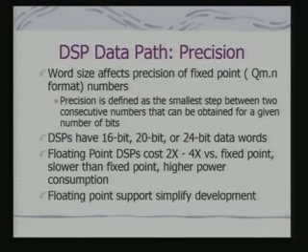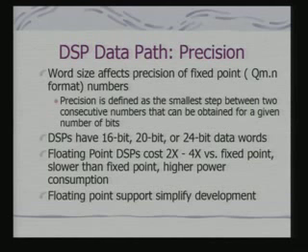Precision is an important component for representation of fixed point data, even for fixed point processors. Precision is defined as the smallest step between two consecutive numbers that can be obtained for a given number of bits.